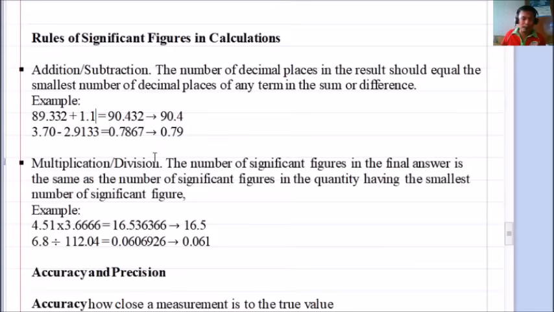Then, we can choose to round off. So we have 4.51 times 3.6666, or simply, 16.5 pag na-round off po siya. Pag naman divide, 6.8 divided by 112.04, so we will have 0.061.